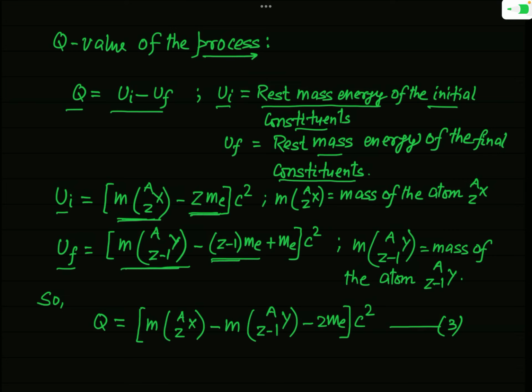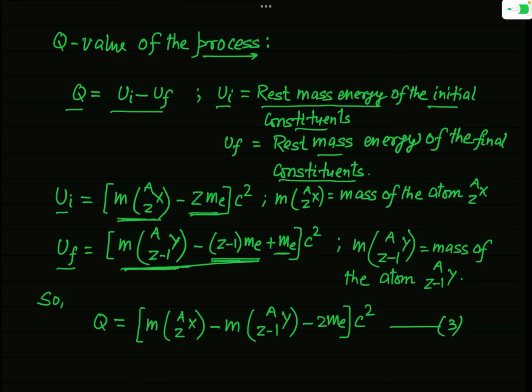So when we subtract the mass of the electrons from the mass of the atom, we get simply the mass of the daughter nucleus. So the first two terms represent the mass of the daughter nucleus. And there is one positron emitted, and the mass of the positron is the same as the mass of an electron, so I have added here me, times c square.